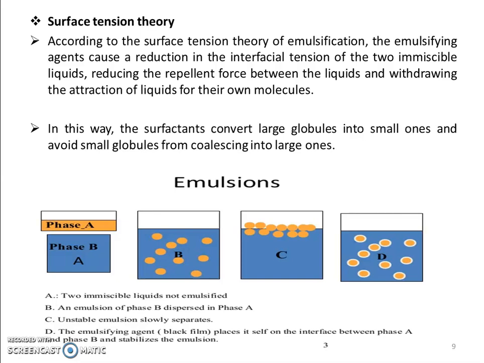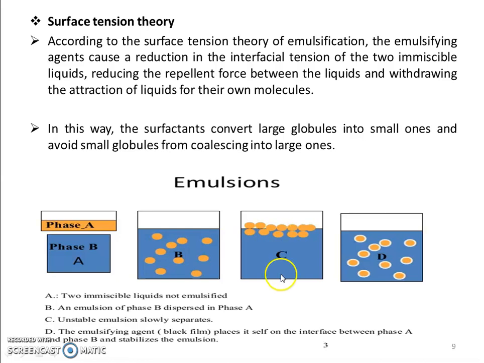In this way, the surfactant converts the large globules into smaller ones and also prevents small globules from coalescing into large ones. Here in a diagram we can see that when we add the two phases of an emulsion, they separate out. When we add an emulsifier to phase B, it is dispersed in phase A.